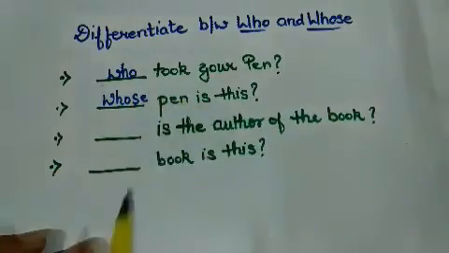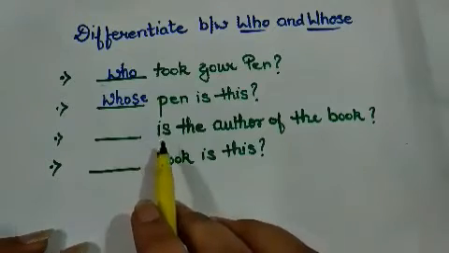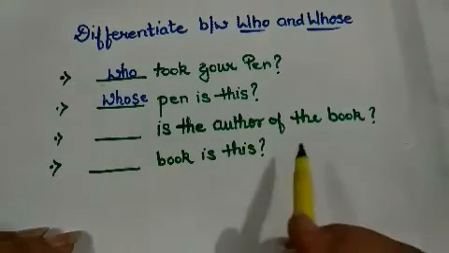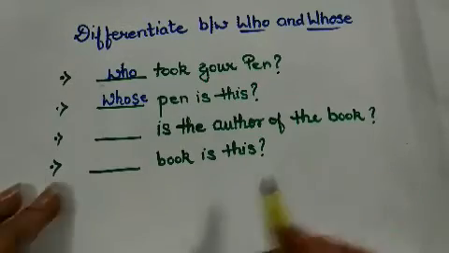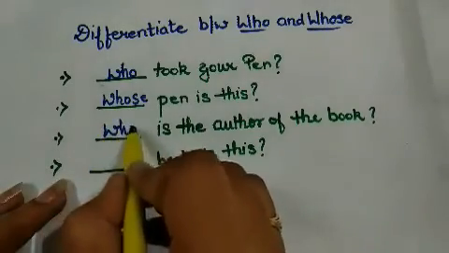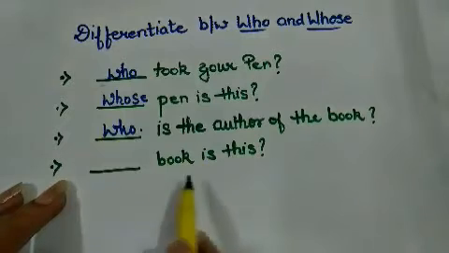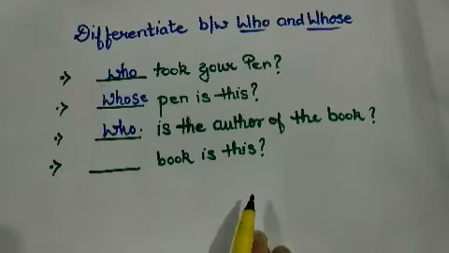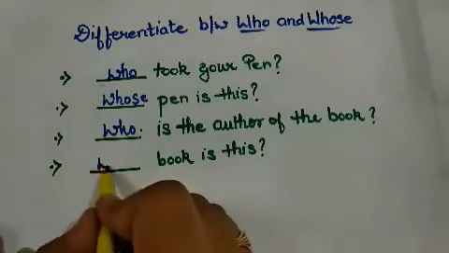The next one: dash is the author of the book. Author will be a person, so we use who here. And dash book is this. Who is the owner? So I used whose.